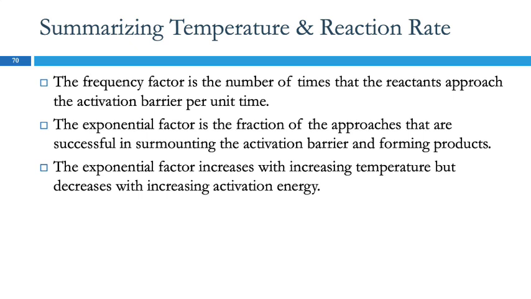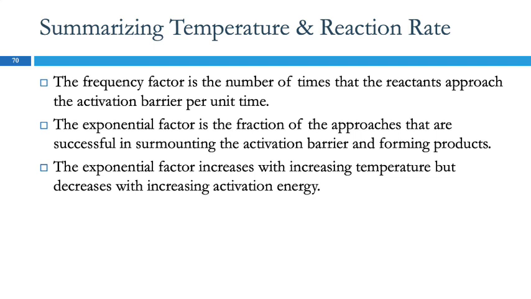So this summarizes what we talked about so far. The frequency factor, the number of times that the reactants approach the activation barrier per unit time. That's the A. The exponential factor is the rest of the Arrhenius equation, and that's the fraction of approaches that are successful, meaning it gets over the activation barrier and produces products.